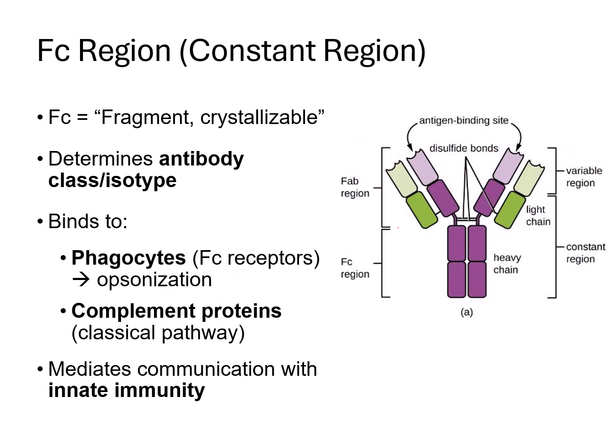The FC region, or the crystallizable fragment, is going to determine the antibody class, also sometimes called the antibody isotype. This is going to bind to phagocytic cells through FC receptors, and that will enable opsonization. Remember, opsonization is when you coat the pathogen, making it easier for phagocytosis to occur.